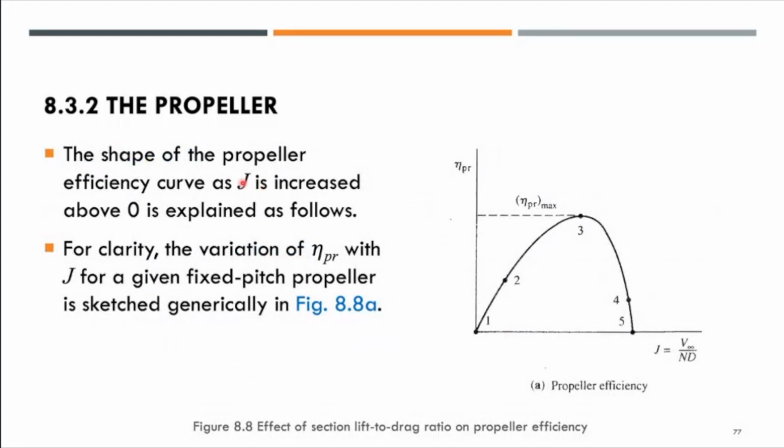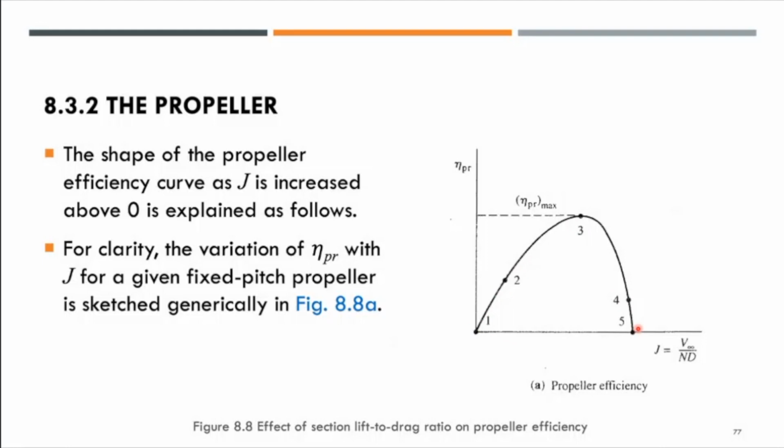So the shape of the propeller efficiency curve as the advance ratio J is increased above 0 is explained as follows. For clarity, the variation of zeta PR, propulsive efficiency for the propeller, with J, advance ratio, for a given pitch propeller is sketched generally in 8.8A. Okay, so we have stations 1, 2, 3, 4, 5 over here.